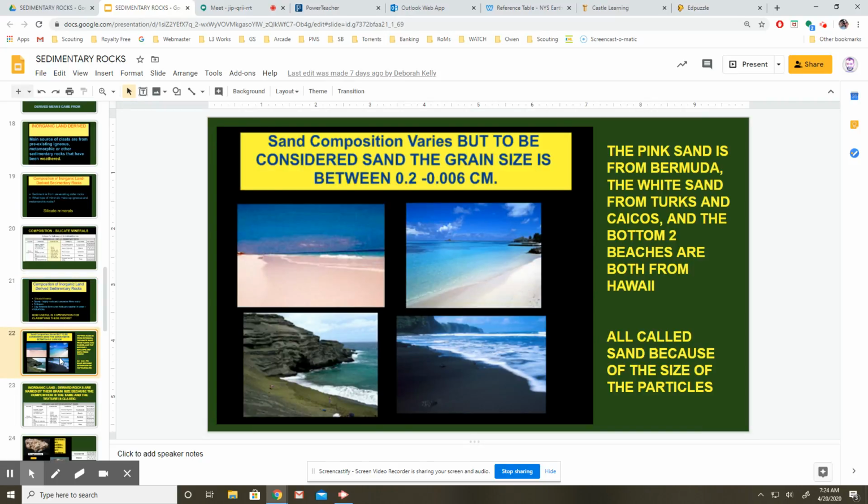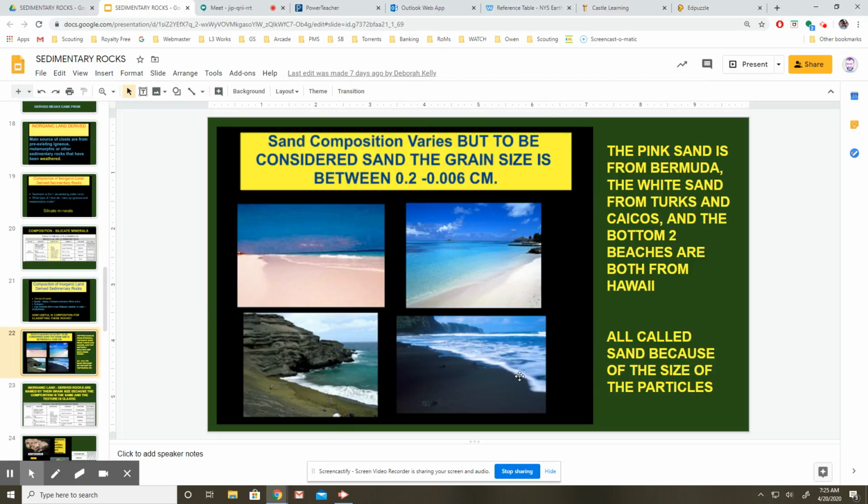In this case here, we can see sand particles that would make up a rock called sandstone. We measure the grains to be between 0.2 and 0.006 centimeters in size, which indicates they're sand-sized particles, so we're going to call it sandstone. It's interesting here that the color is not useful, because these four pictures have four different sands from four different beaches, and we have a light pink to a white to a green to a black.